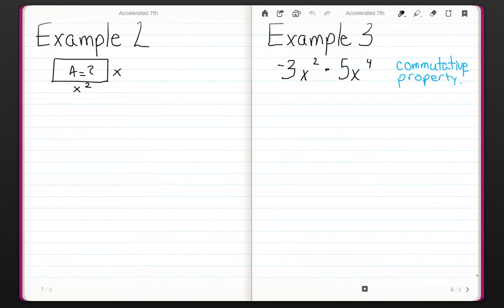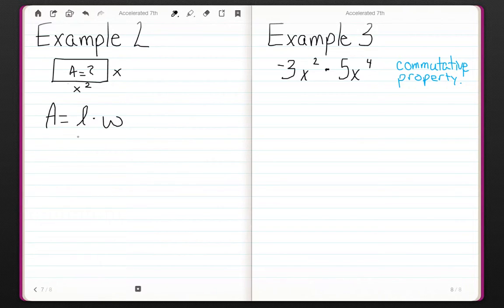So example 2, finding area of a triangle. I see that my length is x to the 2nd power, my width is x, so what is my area? Well, I know the formula for area, which you should always write down, equals length times width.